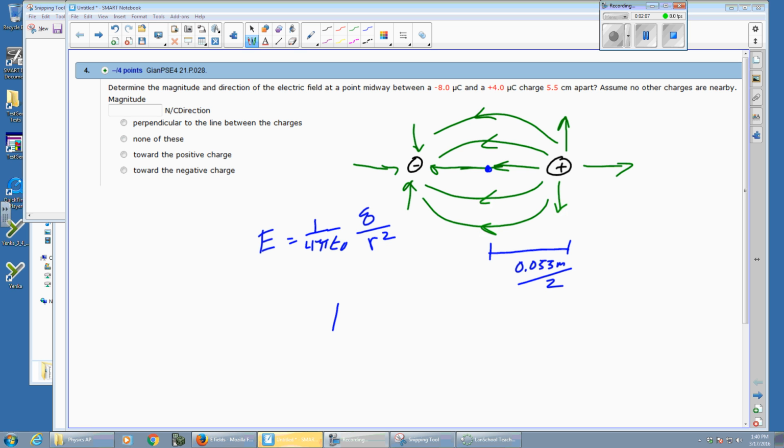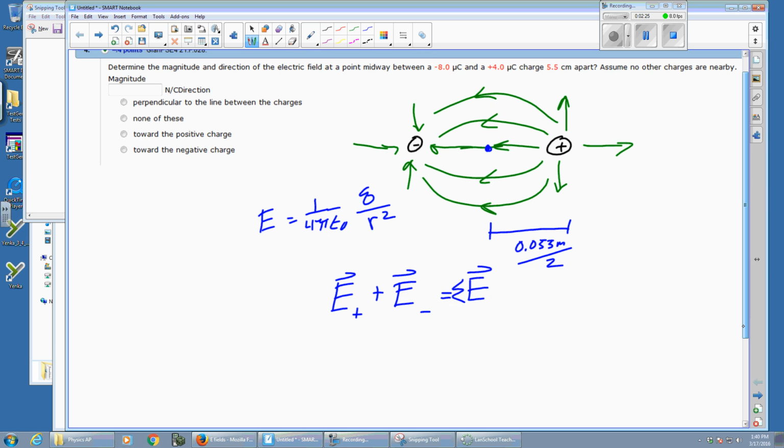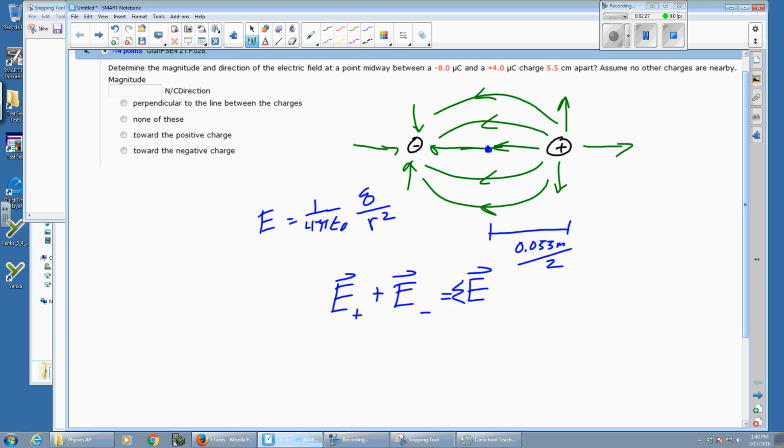The electric field due to the positive is added to the electric field due to the negative to give the total electric field. And you can algebraically add up the magnitudes because the vectors are linear at that point.